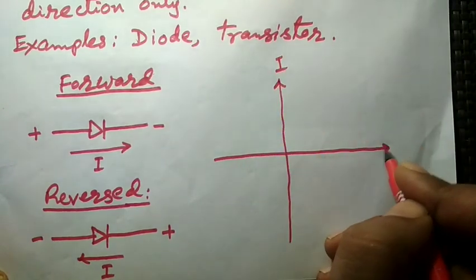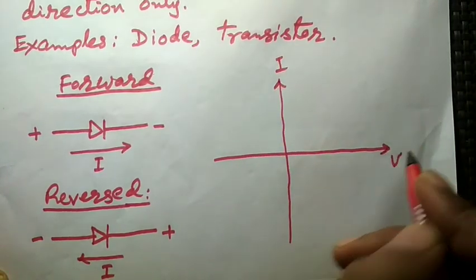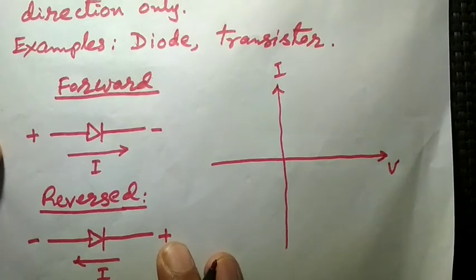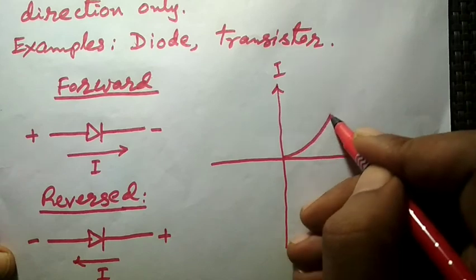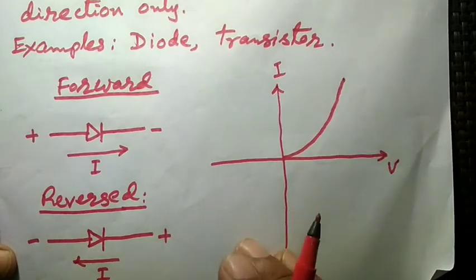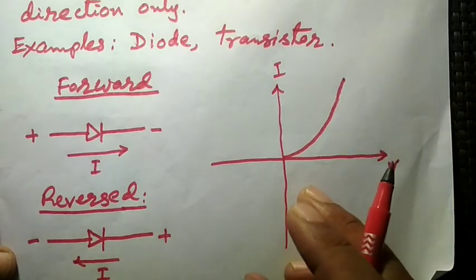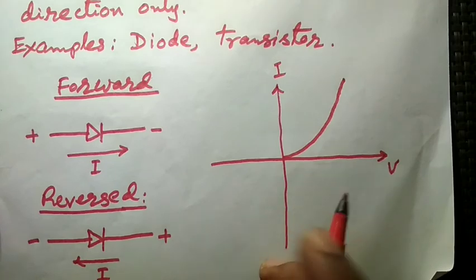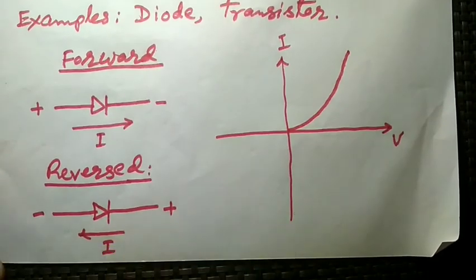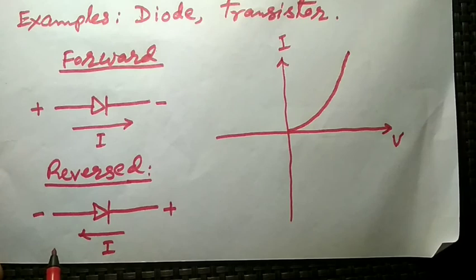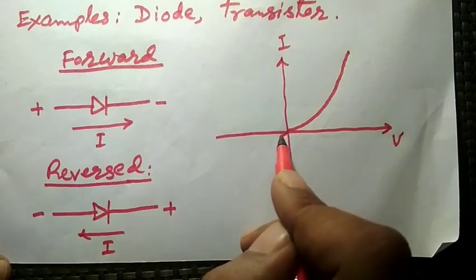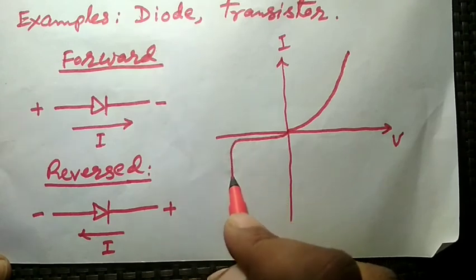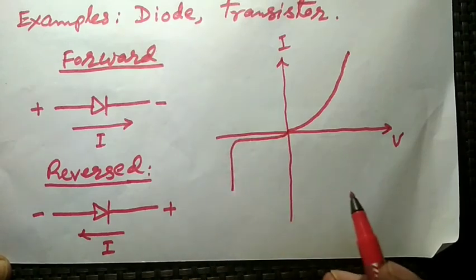So when the polarity of the diode is as per the forward biased condition, then the current direction and the magnitude will be in the first quadrant and it will follow the exponential increase. Whereas when the diode is connected in reverse bias, then the polarity and the direction of the current will be changed and it will be in the third quadrant.